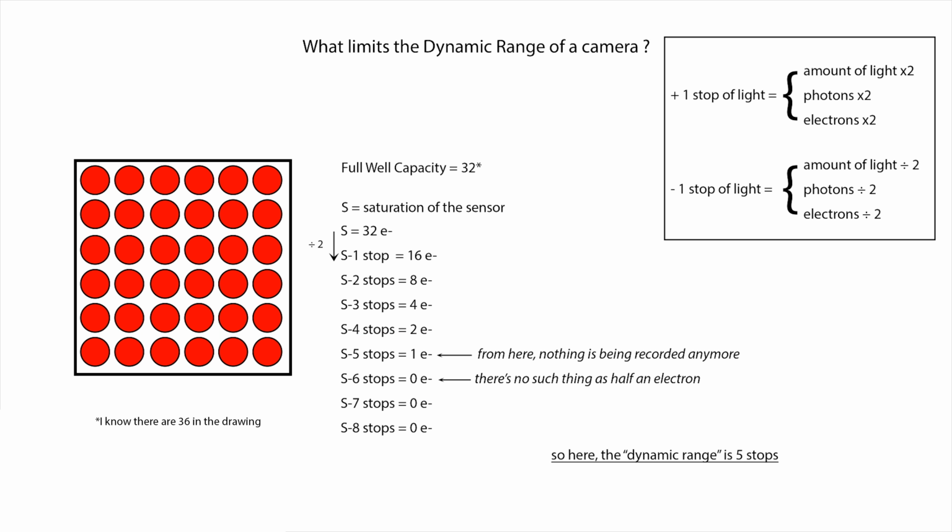Let's remind everybody that when you gain a stop of light, you double the amount of light. And in the sensor, you double the amount of photons that arrive on one specific pixel. And because it's proportional, you also double the amount of freed electrons.